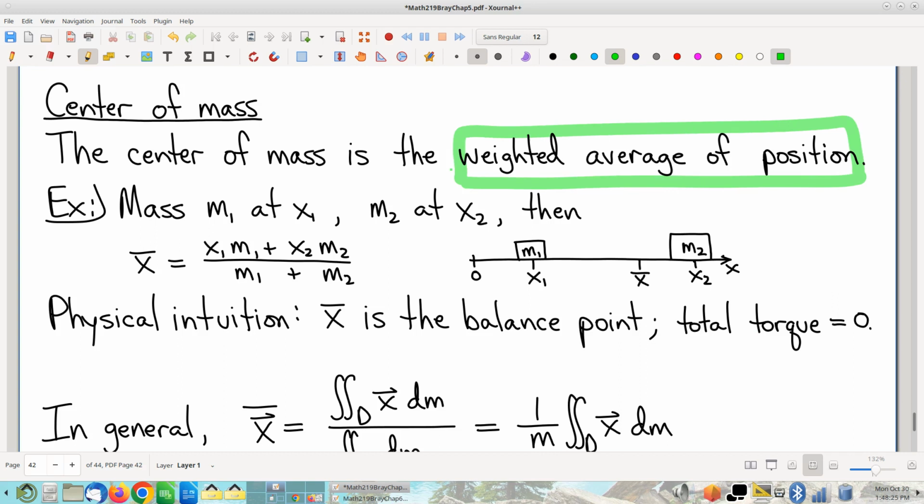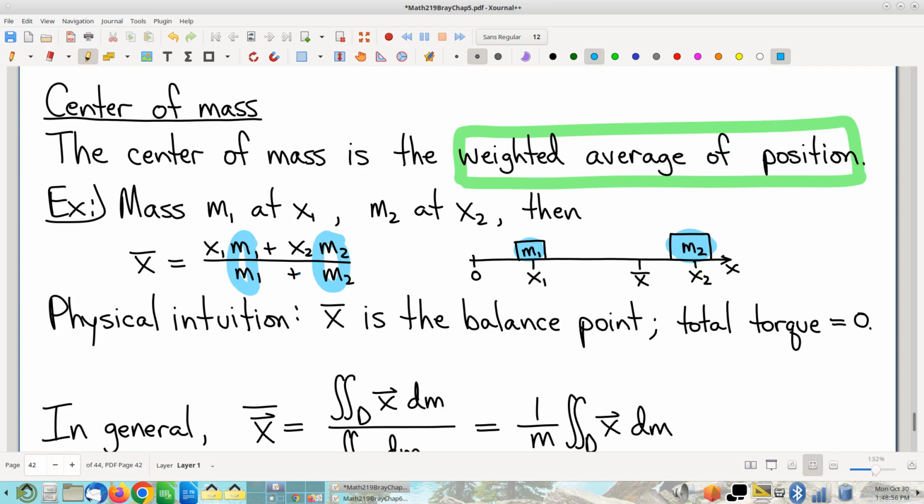Just as a get-the-ball-rolling example, you'll see I have a couple of masses here. There's one mass. There's another mass. Hopefully no surprise: if we want to take a weighted average, what are we going to use for the weights? Well, mass is commonly confused for weight, so it's not an outrageous suggestion that we would use mass as our weights.